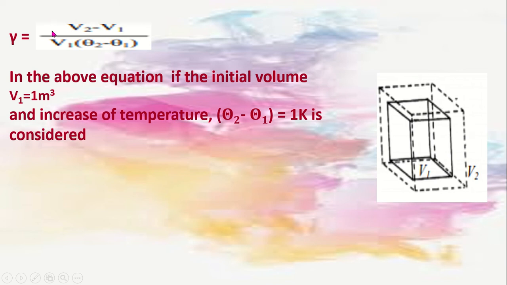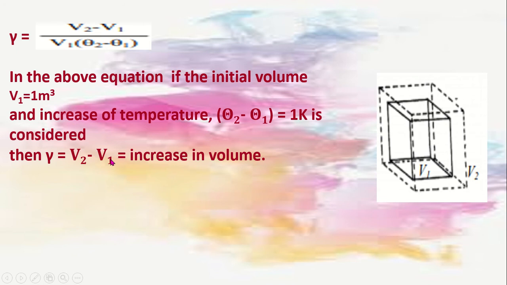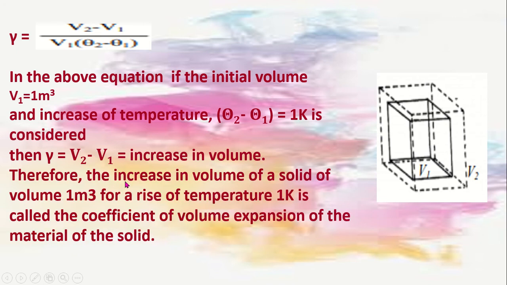If we put the value in this equation, it becomes gamma equal to V2 minus V1, that is the increase in volume. Therefore, the increase in volume of a solid of volume 1 cubic meter for a rise of temperature 1 Kelvin is called the coefficient of volume expansion of the material of the solid.